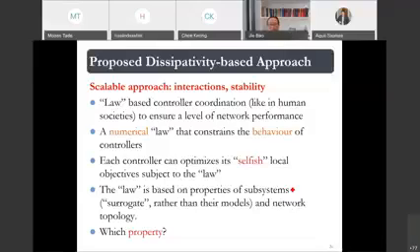So what do we need here? Perhaps a property of the subsystems that can be used to determine the conditions or constraints on each controller that ensure plant-wide stability and control performance. The question is, which property?